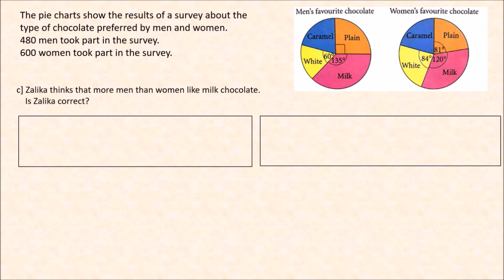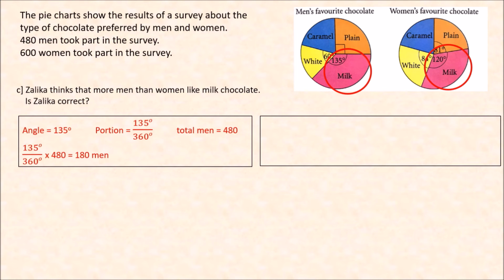So let's find the number of men choosing milk chocolate. In the sector, we have 135 degrees for men choosing milk chocolate. So 135 divided by 360 times a total of 480 men, that's 180 men choosing milk chocolate.